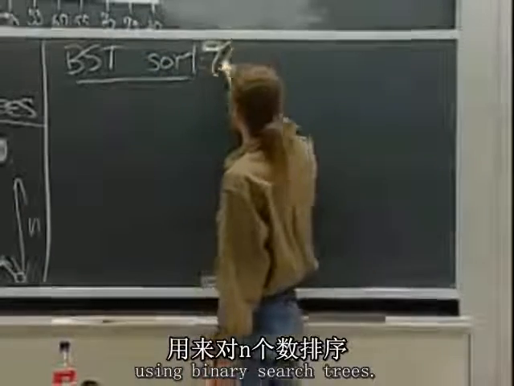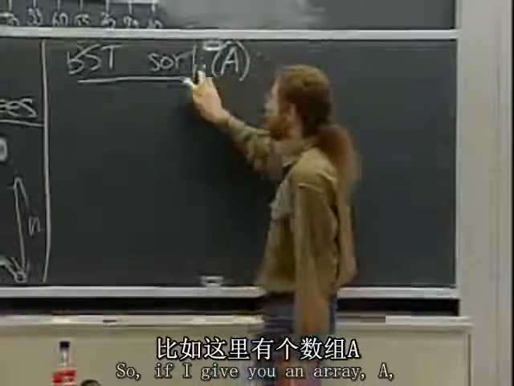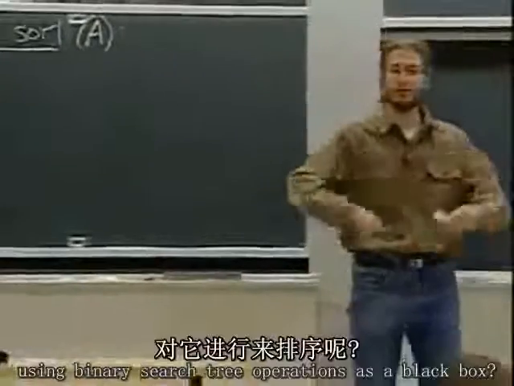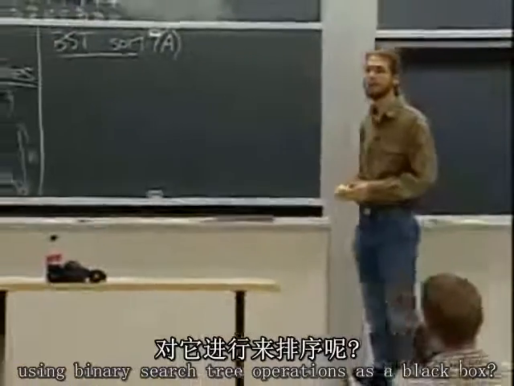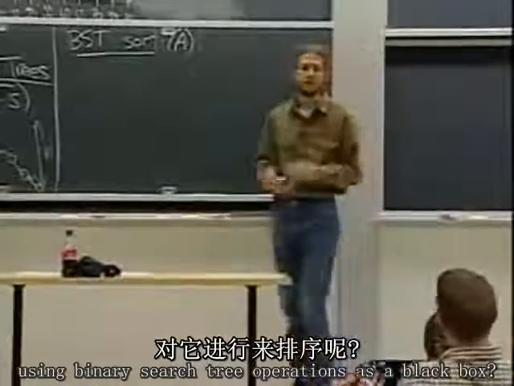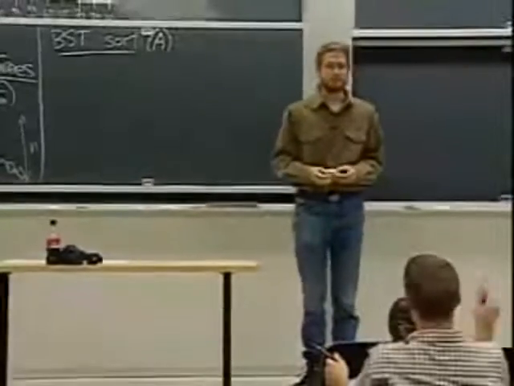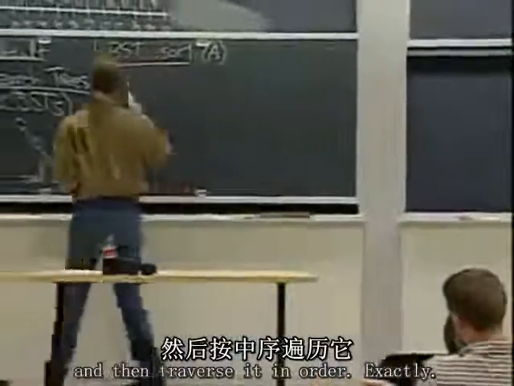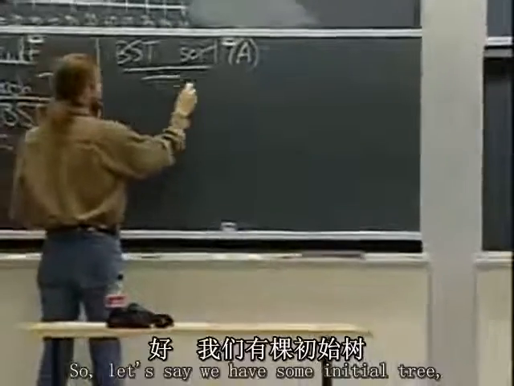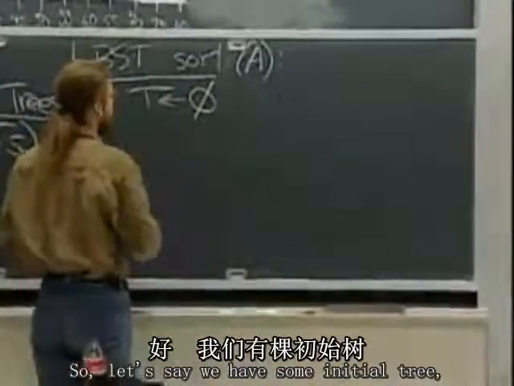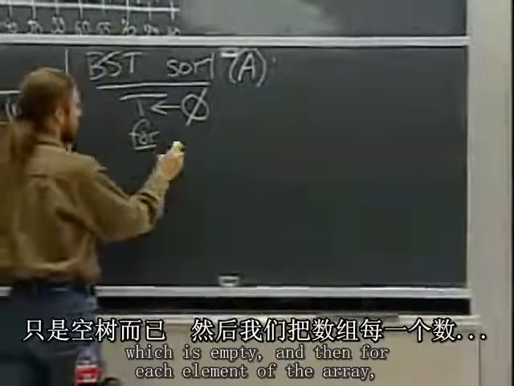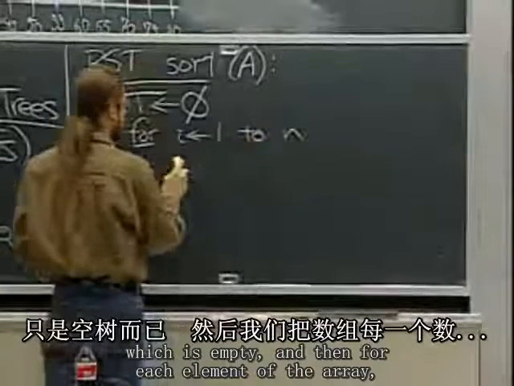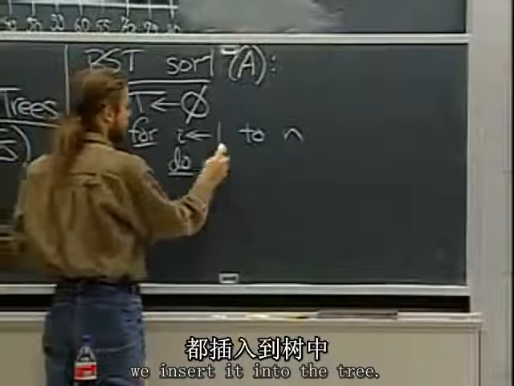So if I give you an array A, how would you sort that array? Using binary search tree operations as a black box. Yeah? Build the binary search tree and then traverse it in order. Build the binary search tree and then traverse it in order, exactly. So let's say we have some initial tree, which is empty, and then for each element of the array, we insert it into the tree.